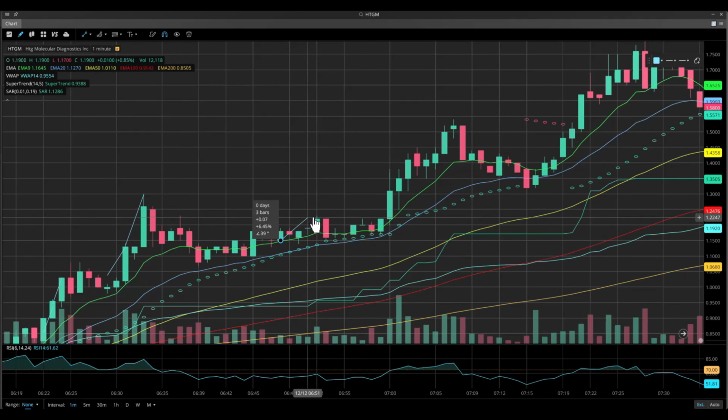You see it pausing, trim, it pulls back. You don't have to cut it because it did not really fall below your entry, but it's moving sideways and then it runs up. Now we're up another 33%.